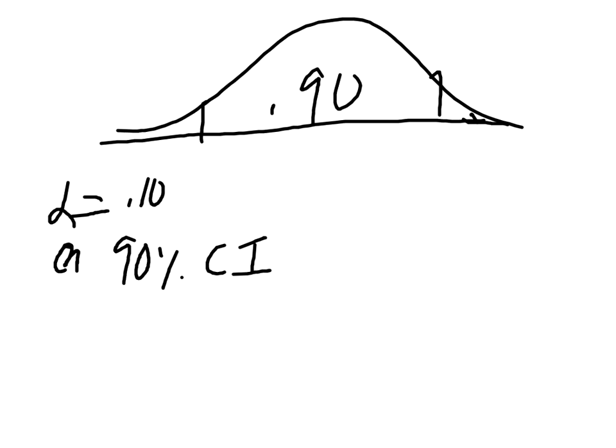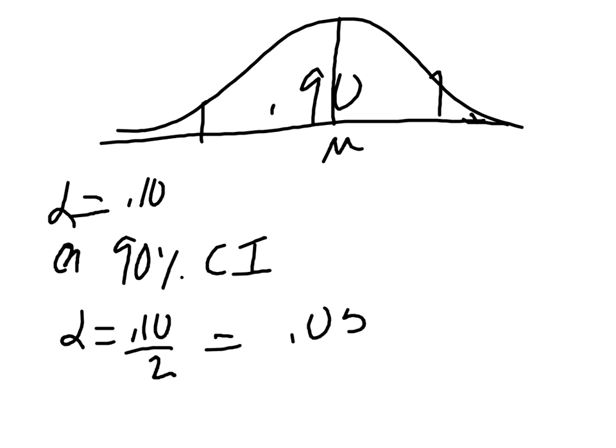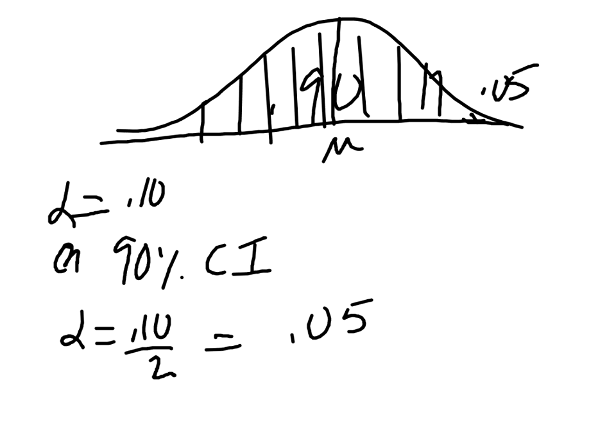Remember, we can be on either side of our parameter, in this case the sample mean, and to find out the area in each of those tails, we take the alpha, which is 0.10, and we divide it by 2, so alpha over 2 equals 0.05. So 90% of the area where our sample means will fall is in the hump of the bell curve, and the other 5% is represented in each tail for a total of 100%.